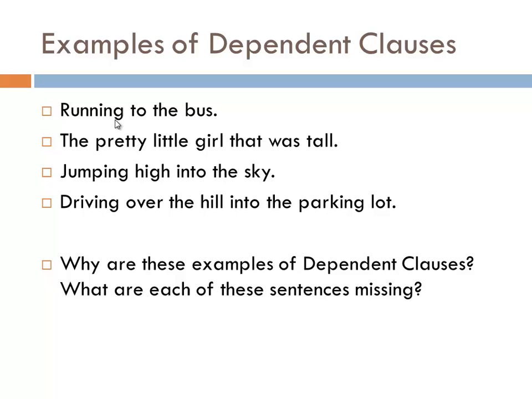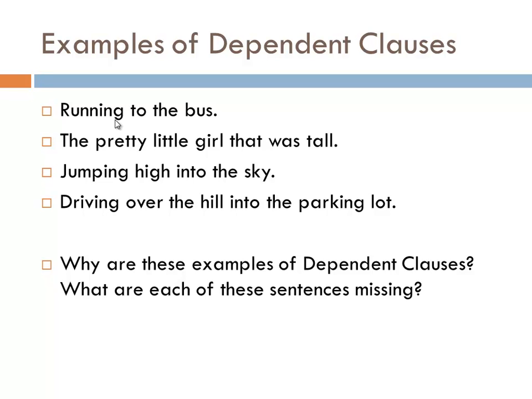Last sentence, driving over the hill into the parking lot. Who or what was driving over the hill into the parking lot? Why were they driving over the hill into the parking lot? Of course, how we can fix this is saying the bus driver was slipping, driving over the hill into the parking lot.